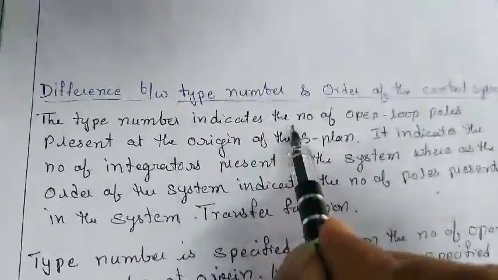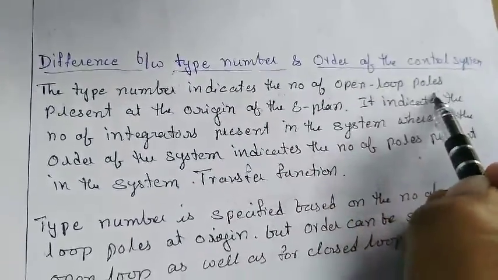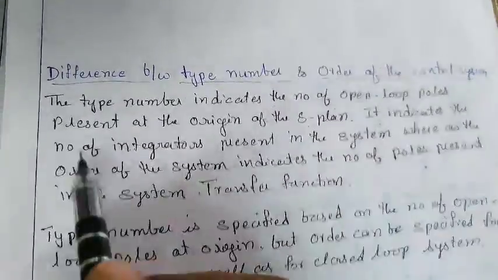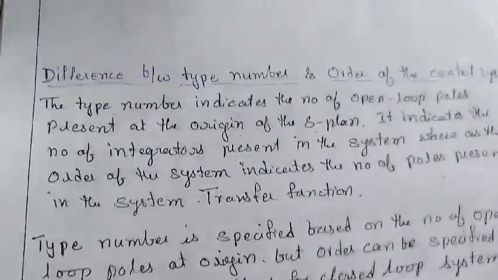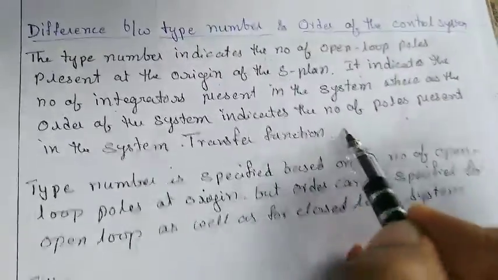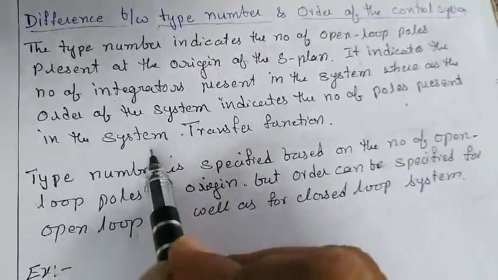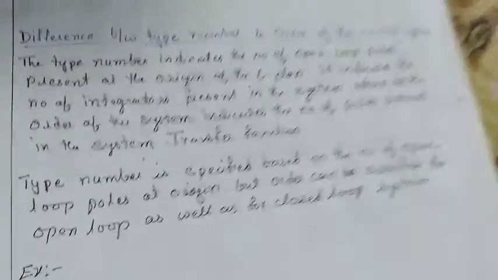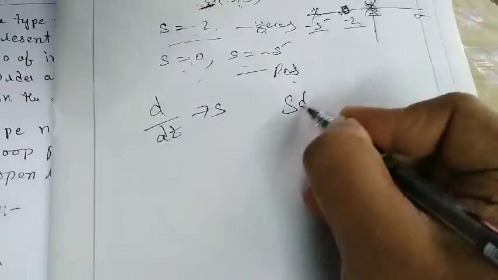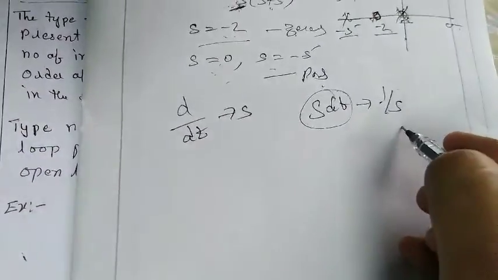The difference between the type number and order of a control system: the type number indicates the number of open loop poles present at the origin of the s plane. It indicates the number of integrators present in the system, whereas the order of the system indicates the number of poles present in the system transfer function. As we discussed in the above example, this is 1 by s. Differentiation d by dt is written as s, and integration is written as 1 by s.